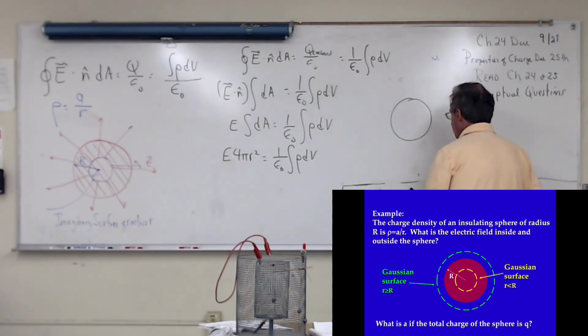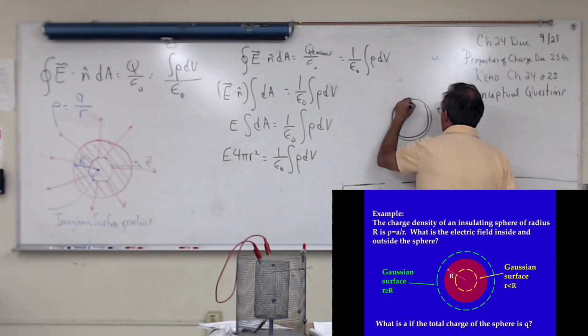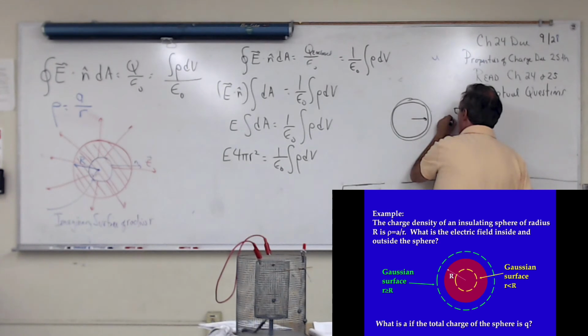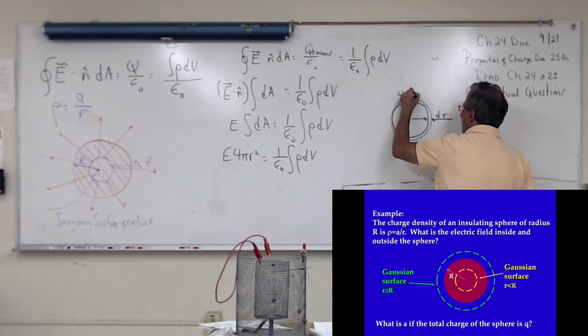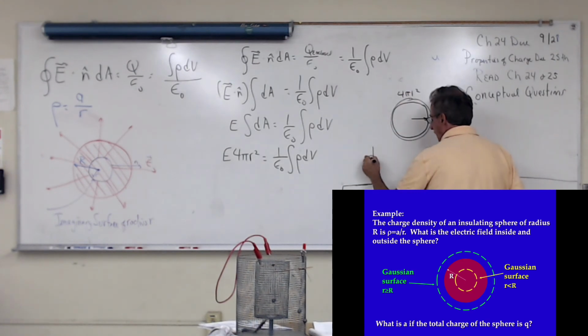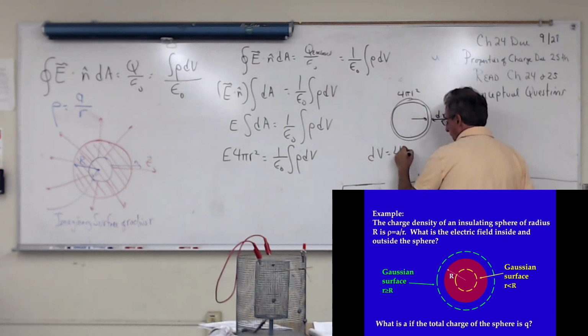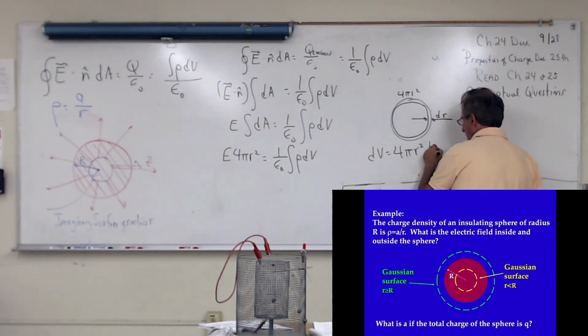So I'm going to break this up into shells of thickness dr. The surface area is 4 pi r squared, and so my element of volume is 4 pi r squared dr.